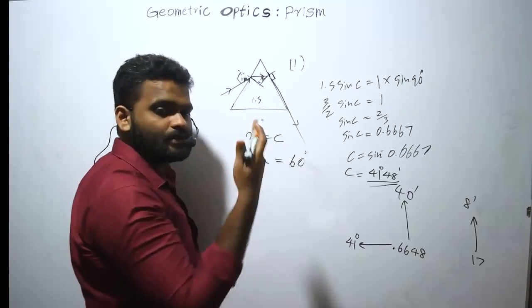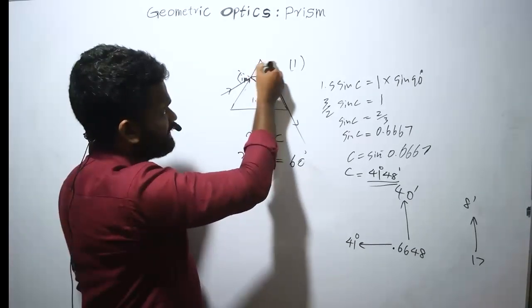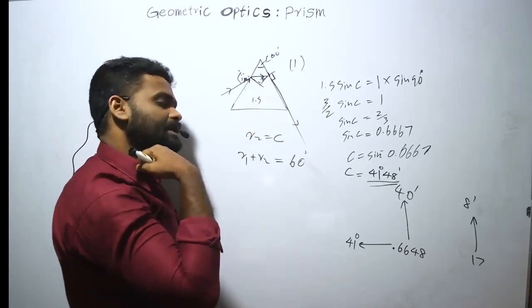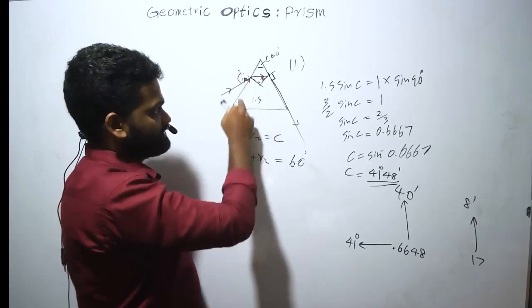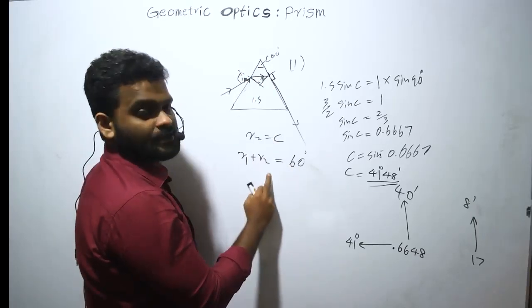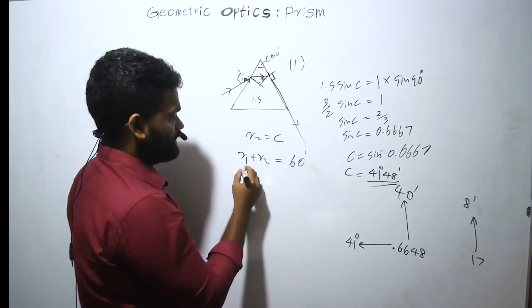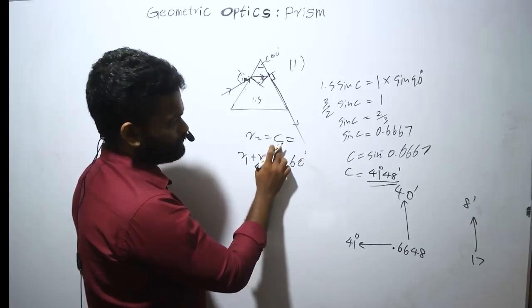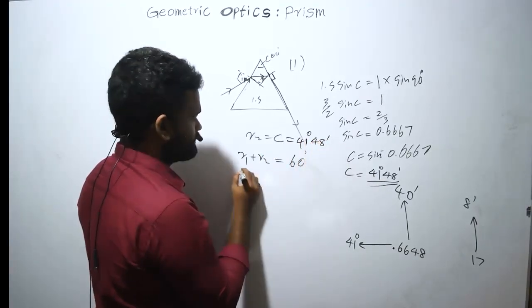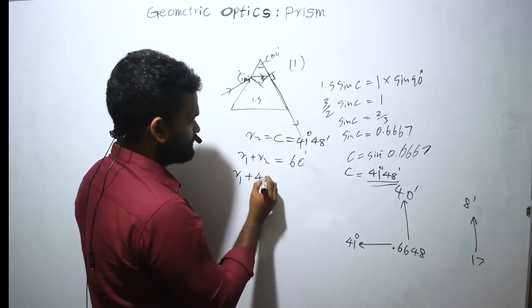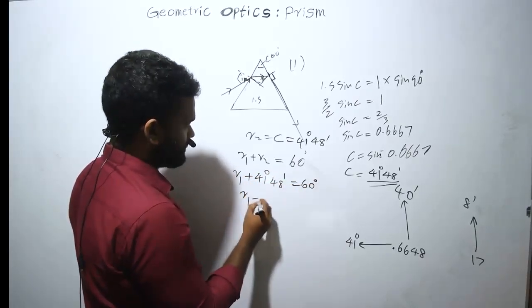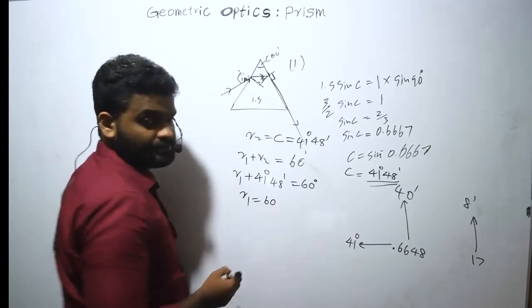For an equilateral prism, all the angles are equal: 60, 60, 60. So the prism angle is 60. R1 plus R2 is 60 degrees. We found R2, that is C, 41 degrees 48 minutes. Substitute it here, equals 60 degrees.